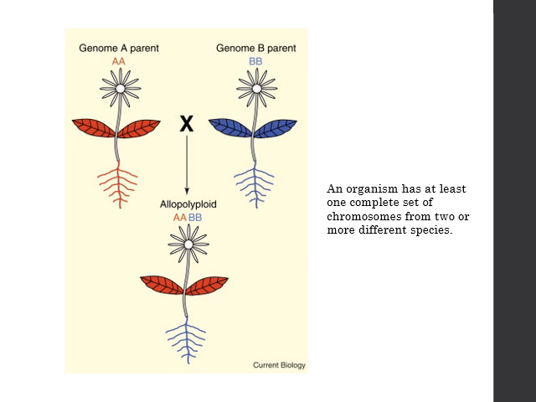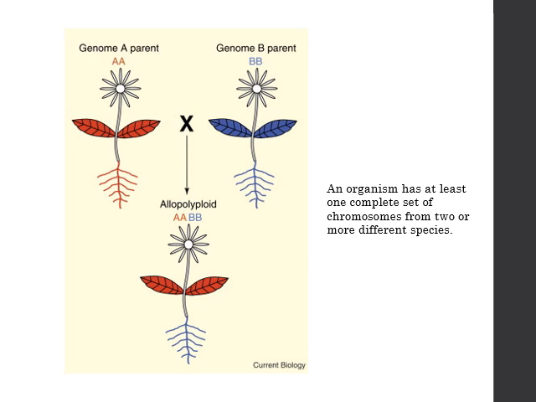Oh, this is allopolyploidy. An organism has at least one complete set of chromosomes from two or more different species. All right, so we get species A. They have a non-disjunction. So the A has the entire genome, big A, big A. Parent B also has a non-disjunction. The entire genome is in there, big B, big B. So when they mate, the offspring is an allopolyploid.